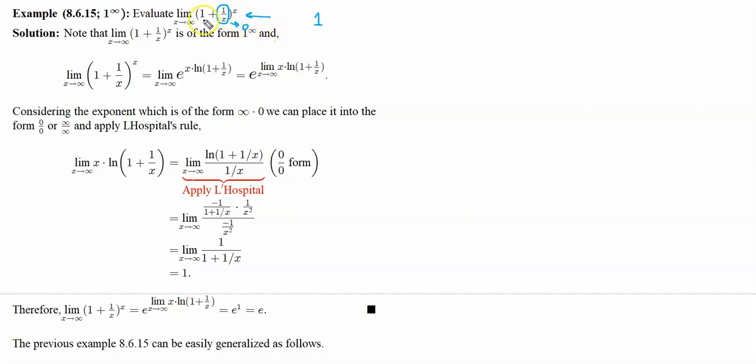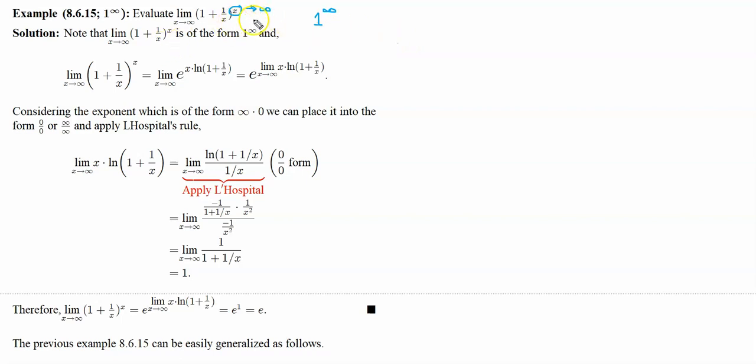Okay, so the base here of our exponent is going to be approaching 1. And of course the exponent, as x approaches infinity, is going to be approaching infinity. And so this limit is of the form 1 to the infinity power.